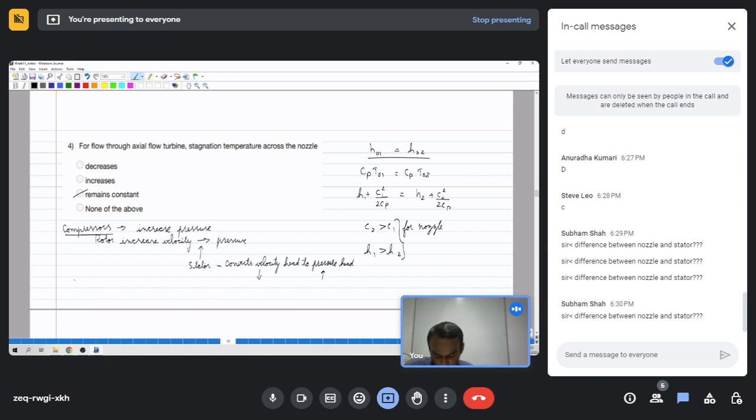So nozzle objective is to increase velocity, and it does so by converting pressure head to velocity head. I hope this is clear.